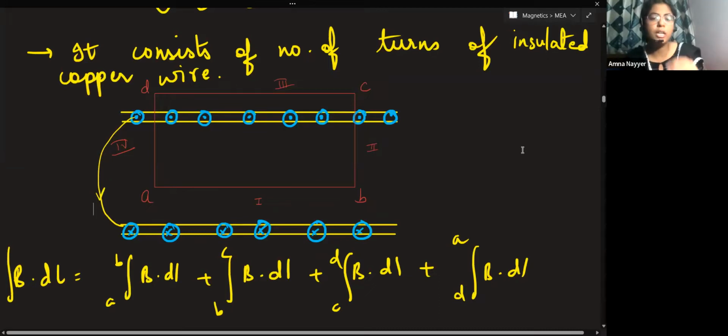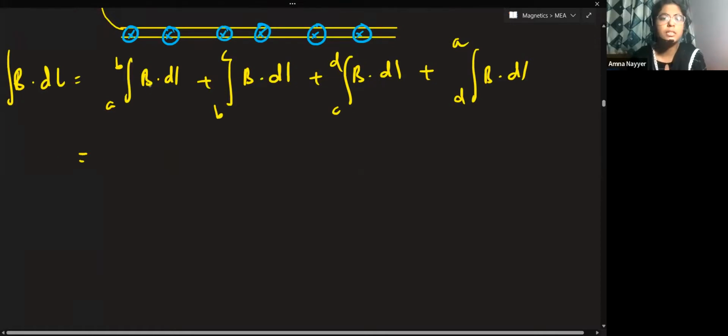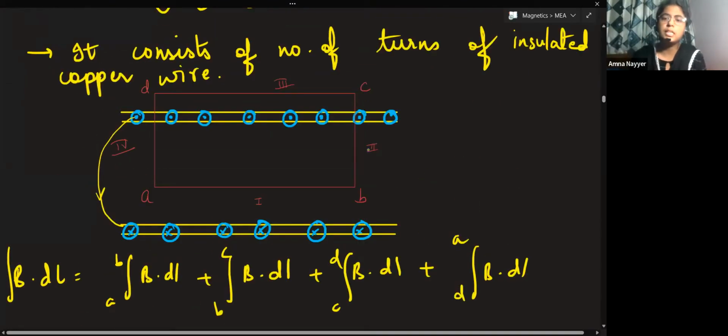Now, for each of the parts. For the part AB, magnetic field B here is parallel and uniform. So for the first part, this will be B dl cos 0 degree, because the magnetic field is parallel. Now look at this part BC.